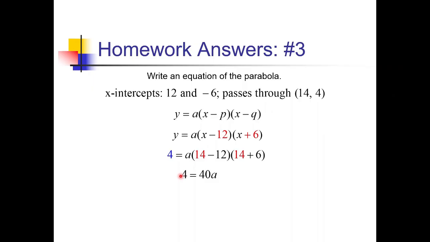So 40a equals 4. Dividing by 40, I can write this as a equals either 0.1 or 1/10. However you want to write it. Or I could just call it 4 over 40 for now because I'm going to simplify it later. So putting that back into my formula, I've got y equals, I'm just going to commit to 1/10 on this one, and then x minus 12, x plus 6.